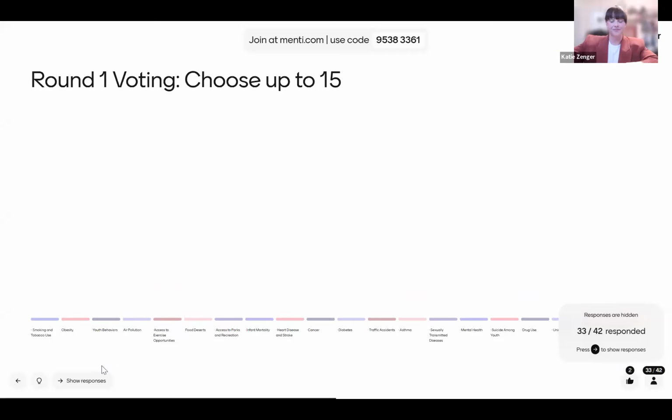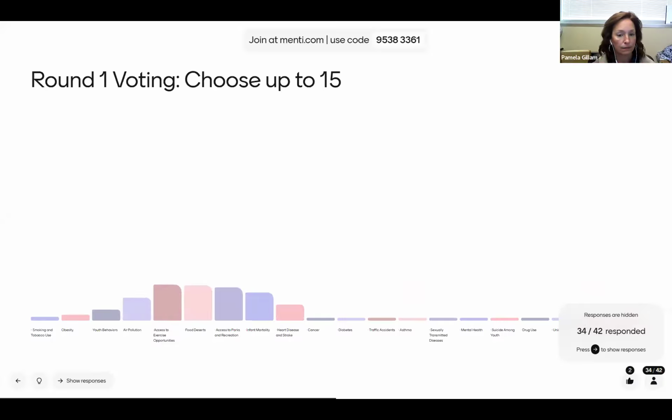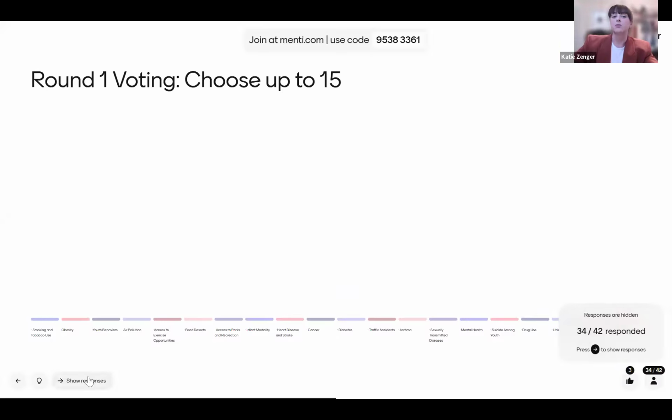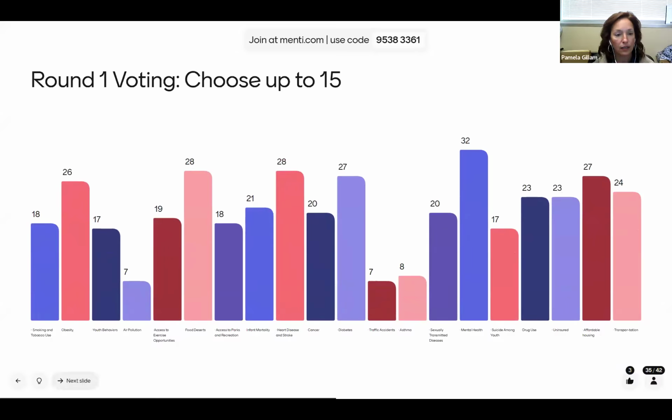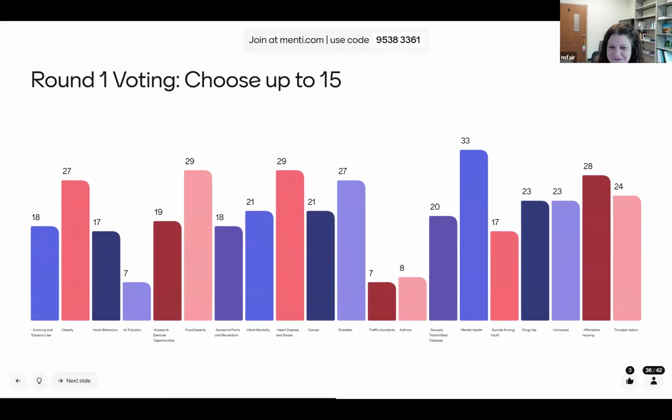Okay, so we'll see how many more we get closer to that. It's been at 34 for a minute though. All right. Oh, we went up to 35. We got one straggler in there. 36.